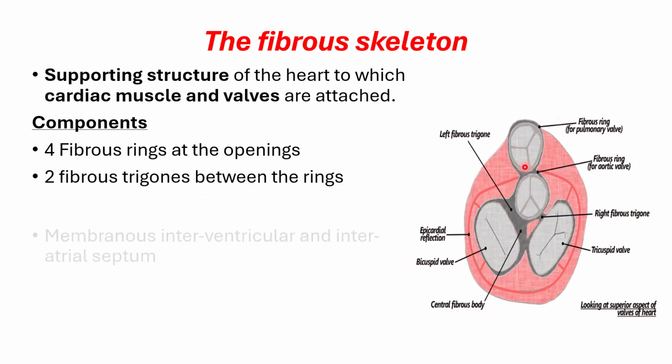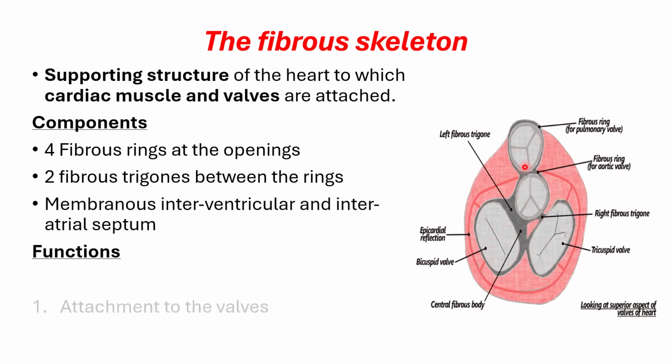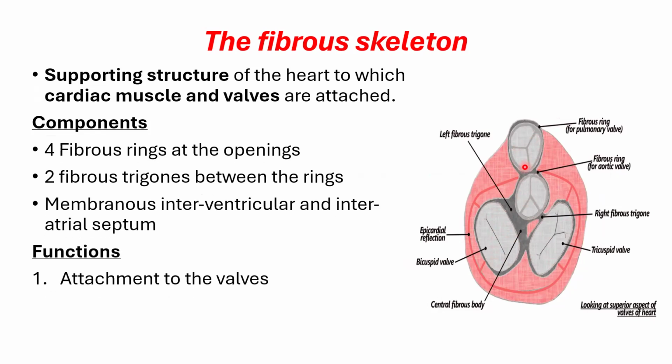The function of this fibrous skeleton is to provide attachment for the valves, and also to provide insertion for the cardiac muscle fibers. The components are 4 fibrous rings, as you can see here, 2 for the atrioventricular openings, and 2 for the pulmonary and the aortic valve.